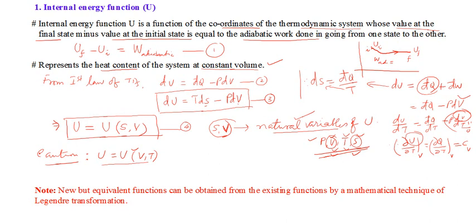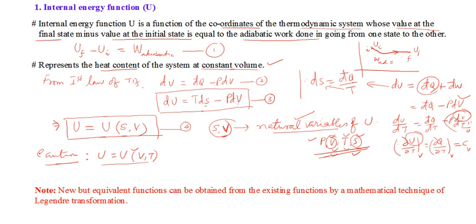It has been included amongst the very powerful functions in thermodynamics, the potential functions. Potential means having capacity, is it not? So when you express U as a function of S and V, this function has the capacity to give more information regarding the nature of the system, especially the equilibrium properties of the system.